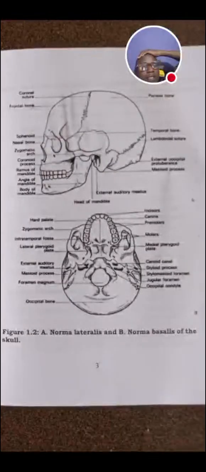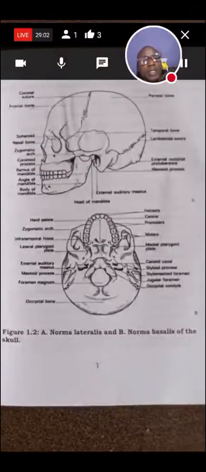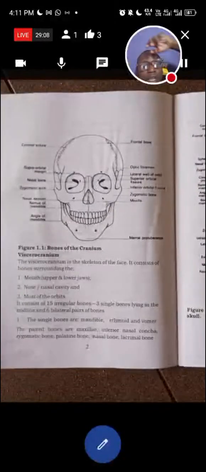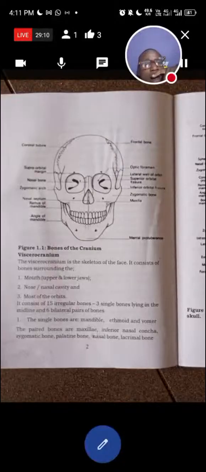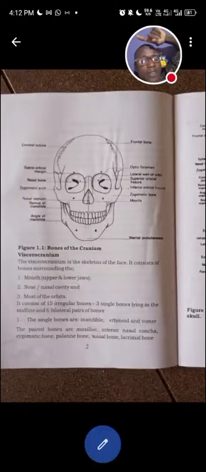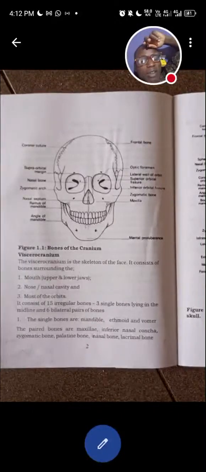Okay, so let's continue with what we were doing. We've looked at the mouth bone, the nasal bone, and now we're looking at the bones around the orbit. We said the maxillae, the inferior nasal concha, the zygomatic, palatine, nasal, and lacrimal.